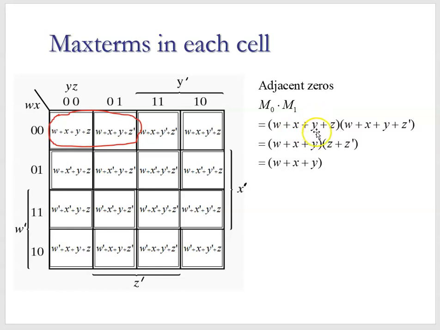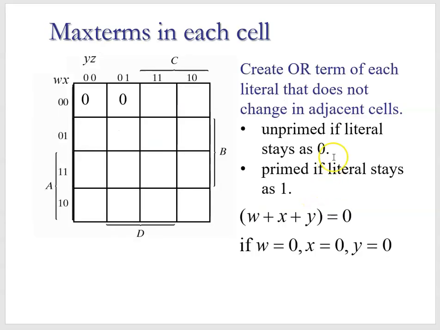That's the distribution and associative theorem. And that becomes ANDed then with the z or z prime here. And z or z prime is just equal to a 1 by our identity theorem. So we end up with w or x or y. When we're looking at these two cells, we say, okay, z changed from 0 to a 1, so we won't include it. We just have to remember that w or x or y are zeros, so we are not going to prime any of them when we're using our K-maps.